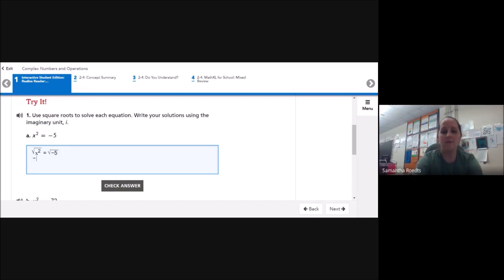Well, negative 5 I can write as negative 1 times 5. 5 isn't a perfect square, so if I were to take the square root of it, I would actually get a non-repeating decimal. So x equals, we do know that negative 1 equals i squared. So that means x equals plus or minus i square root of 5.